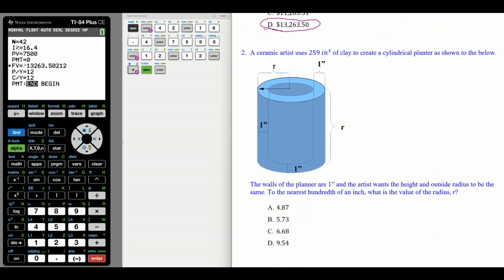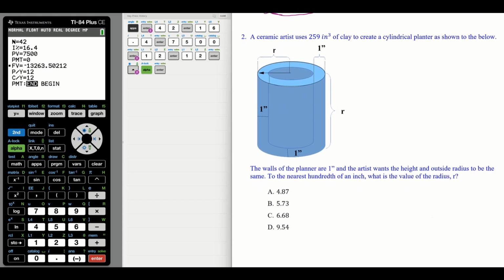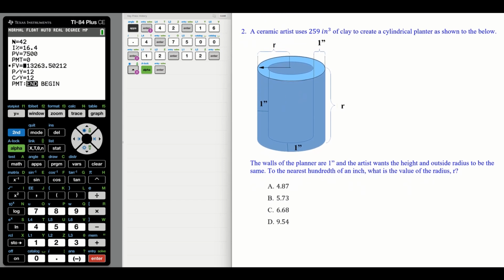Okay, let's look at number 2. Now, number 2, you would think it's going to take a lot of writing, but it isn't. Calculator is going to do a lot for us on this one. A ceramics artist uses 259 cubic inches of clay to create a cylindrical planter as shown below. Okay, there's our nice pretty diagram.